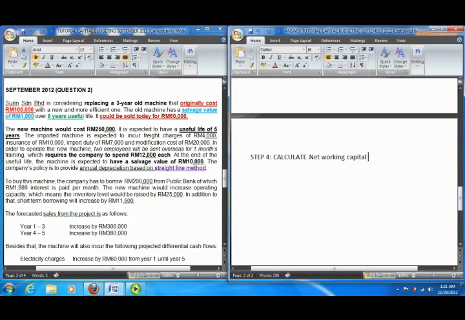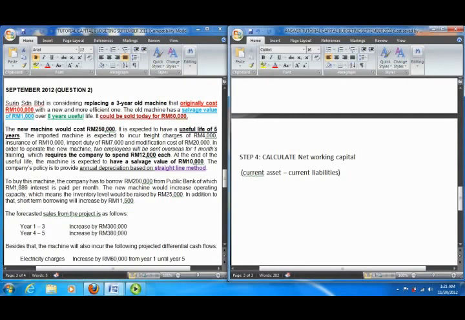Can I know the formula of net working capital? Current asset minus current liabilities. Alright, class, when you calculate net working capital, actually the question asks you to calculate initial outlay, annual cash flow, and your terminal cash flow.